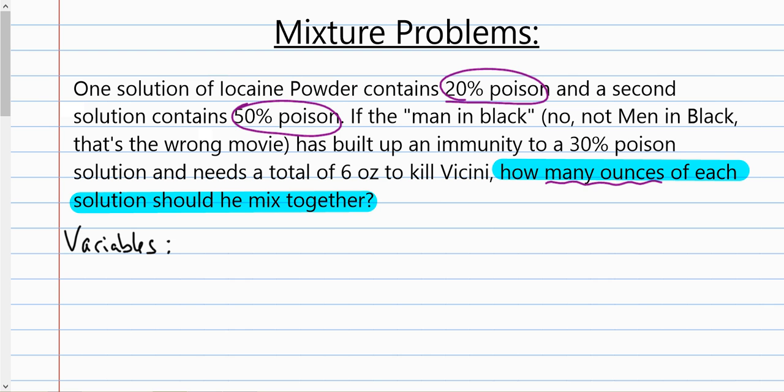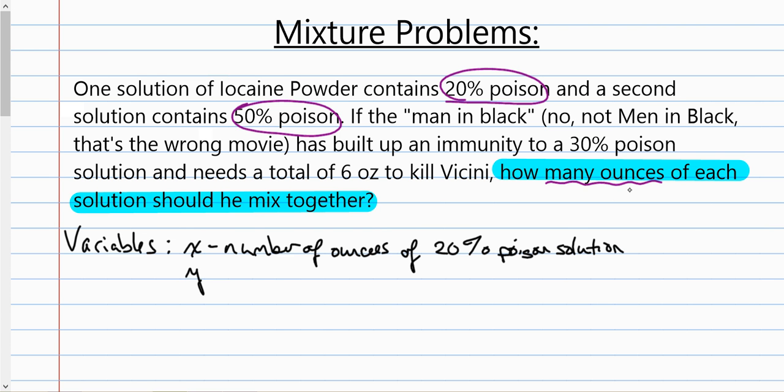I don't have any very good descriptor for these variables, so I can use x and y. I'm going to allow x to be, very carefully, the number of ounces of, let's say, the 20% poison solution.